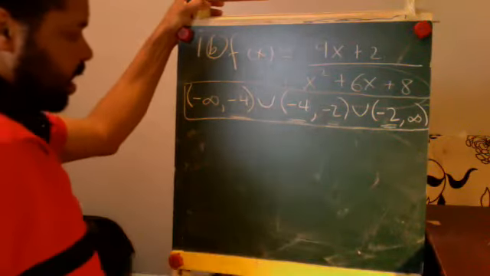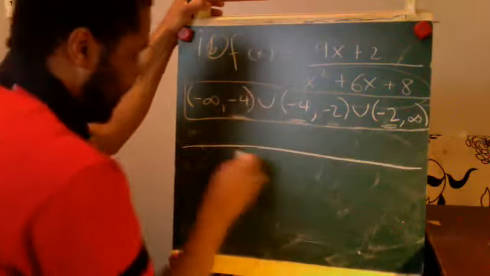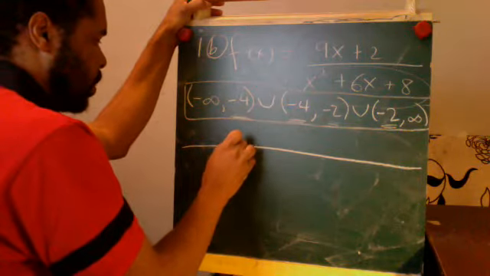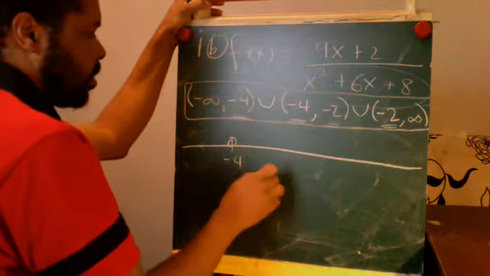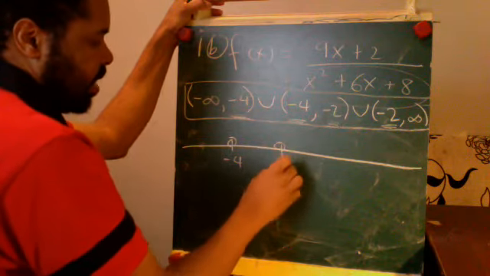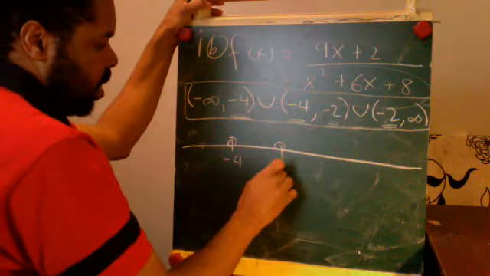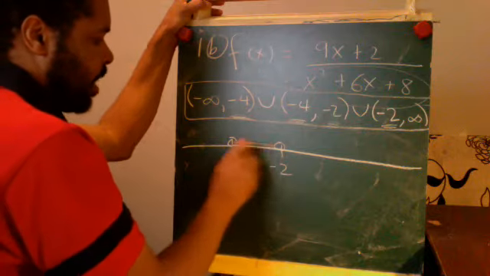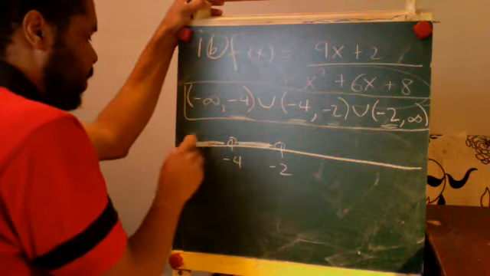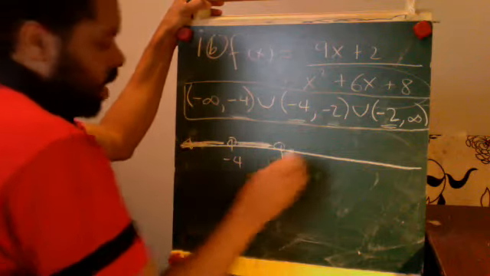So the reason why we have this, we're saying that x is not equal to -4. And we're saying here a little further right, x is not equal to -2, but x is everything else. X can be here, x can be over here, right? X can be over here.